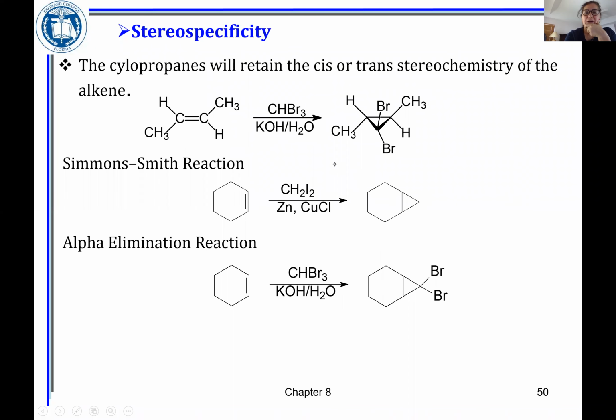These reagents are not used too often, okay? But just to recognize that this is going to give you a cyclic or cyclopropane, and if it's the methyl iodide with zinc and copper chloride, it would give you simple CH2. But if it's the bromoform, CHBr3, it is going to give you CBr2.